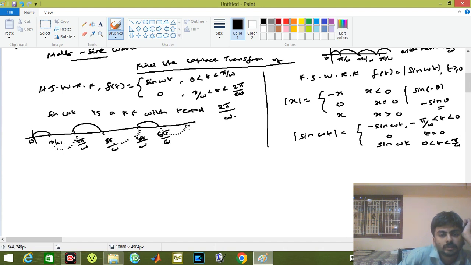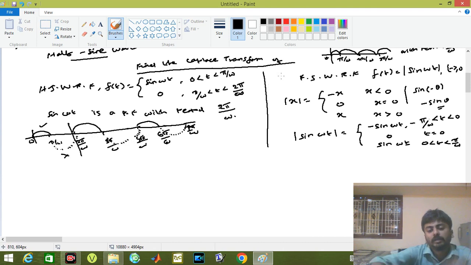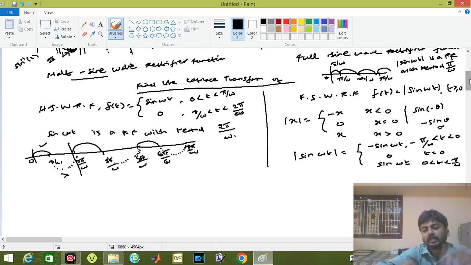This is 7 pi by omega. Okay, so only half wave is present and half wave is absent. Here all the waves are present. The waves means you must get the same values of the one part in all the parts, which is called one period.